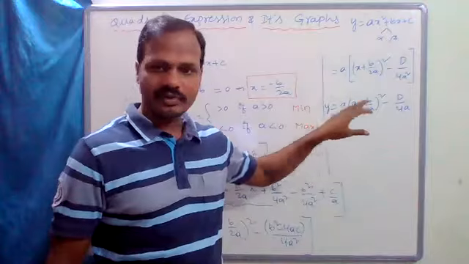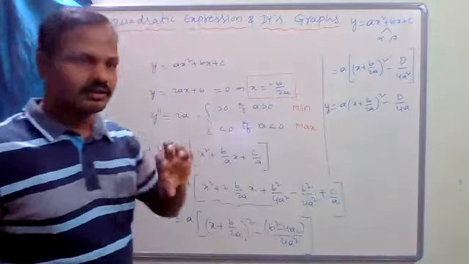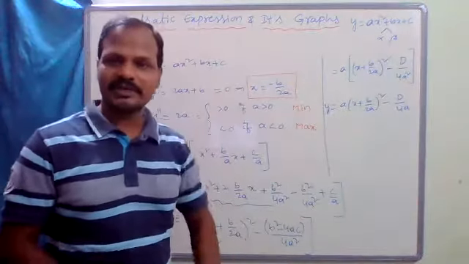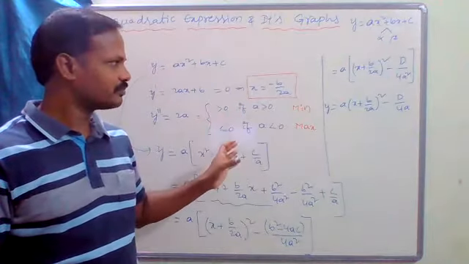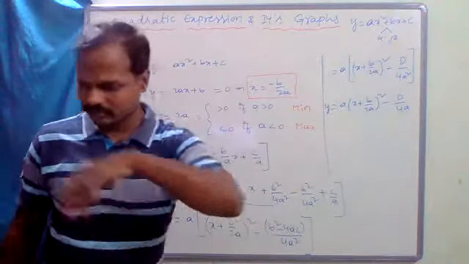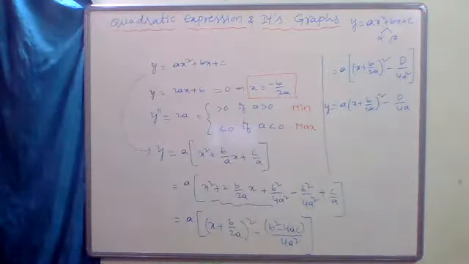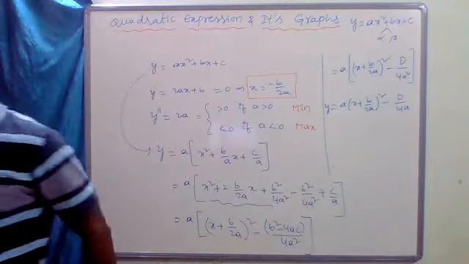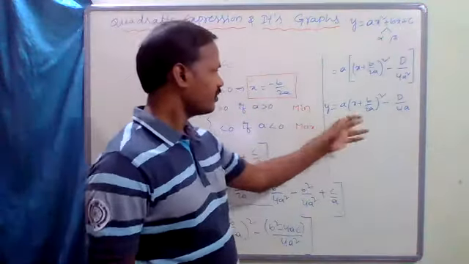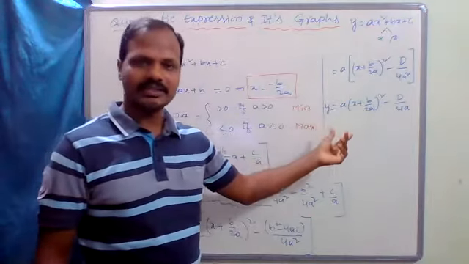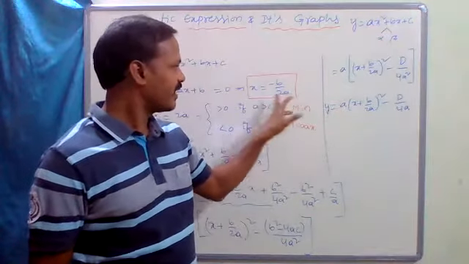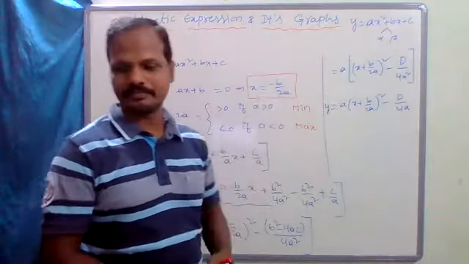Now we know that the value of the quadratic expression has its maxima or minima at x equals minus b by 2a.